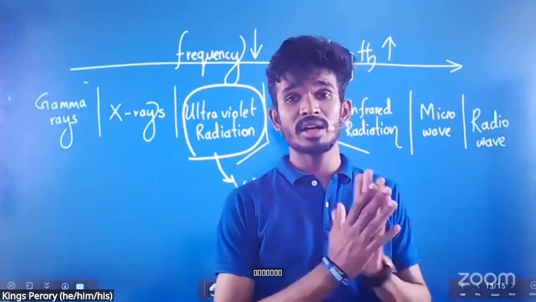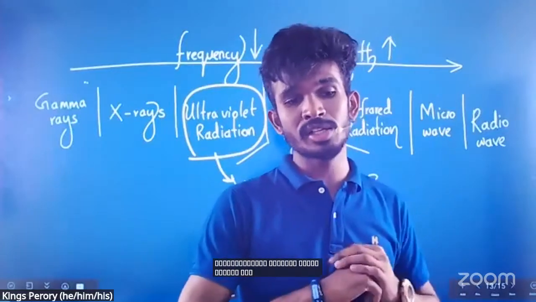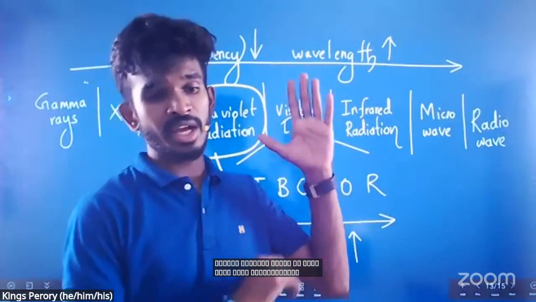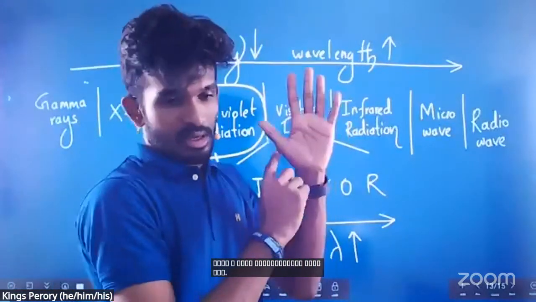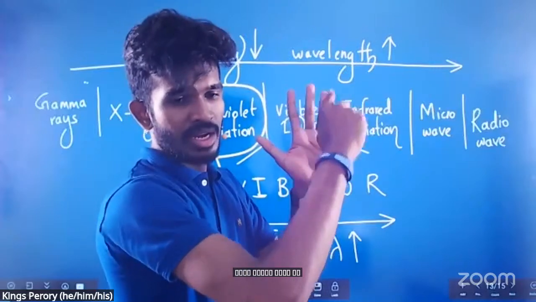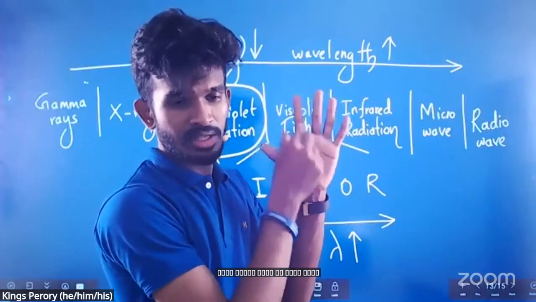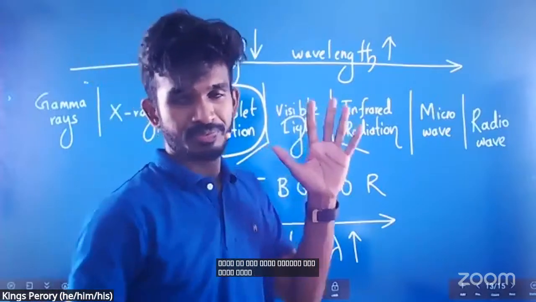You can take a heat photograph. There are thermal cameras. Using thermal cameras, you can take a heat photograph. If you take a heat photograph of your palm, these regions will be red in color to show that those places are very hot.